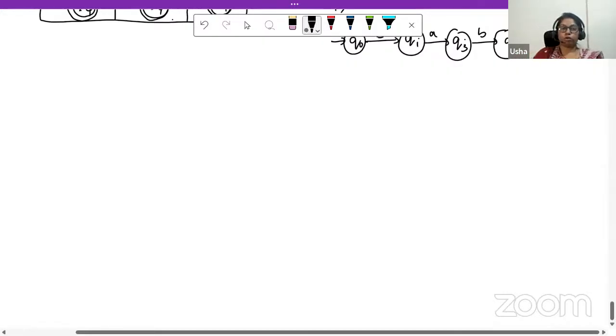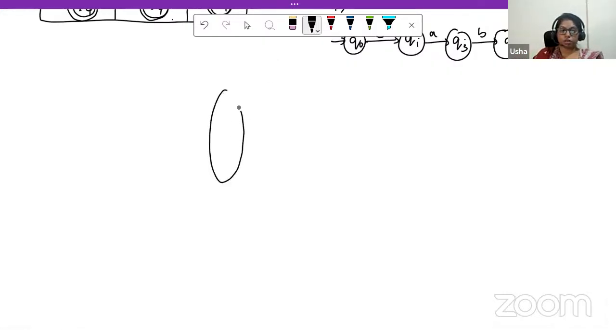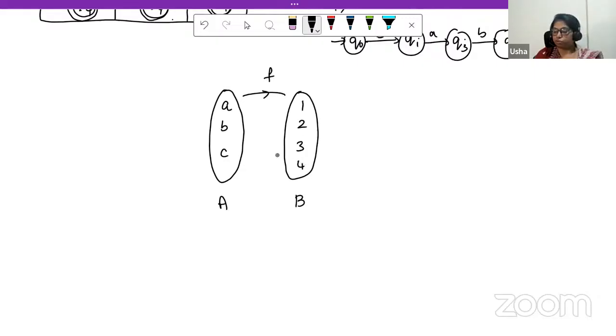See, to find domain, codomain, and range, there is a function from A to B. A to B, there is a function mapping. I'll take A, B, C here, and 1, 2, 3, 4 here. A is mapped with 2, B is mapped with 4, C is mapped with 1. Just an example.